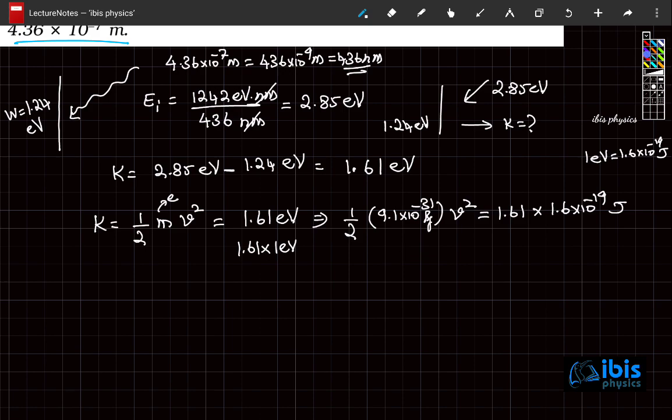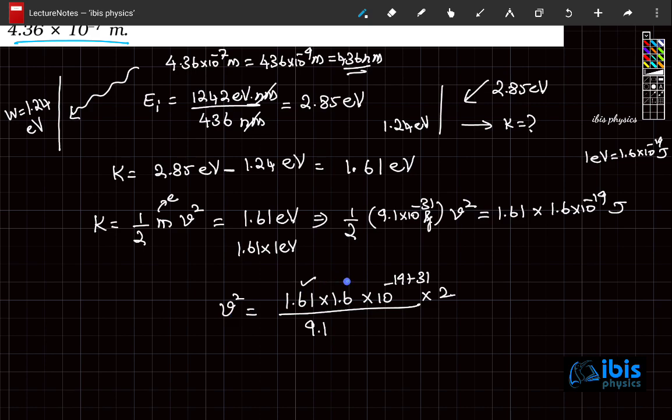The next step is to keep v squared as it is, and here 1.61 into 1.6 into 10 power minus 19. The minus 31 goes to the other side as plus 31. This 2 comes to this side, divided by 9.1, because I have brought the minus 31 here already.